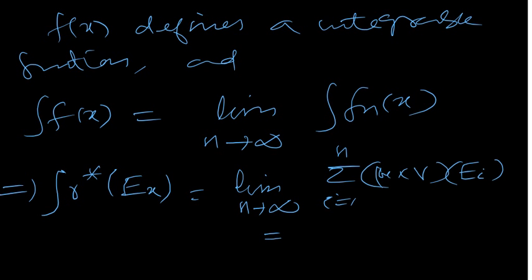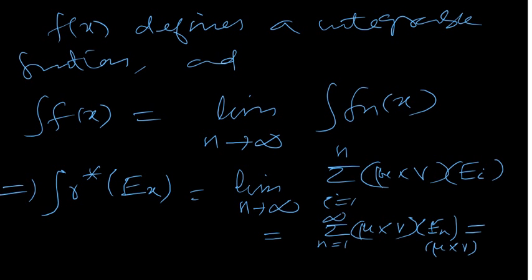And that's equal to the summation, n running from 1 to infinity, of mu cross nu of en, let's apply the limit, which is equal to mu cross nu star of e.